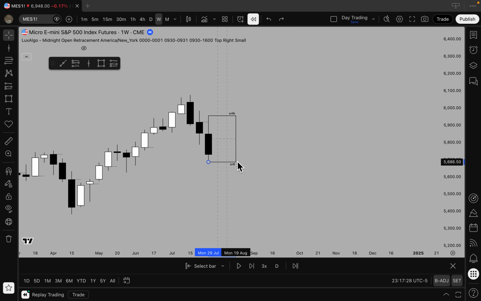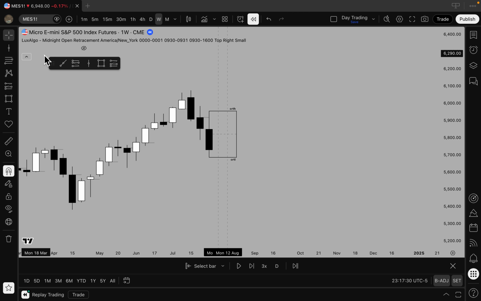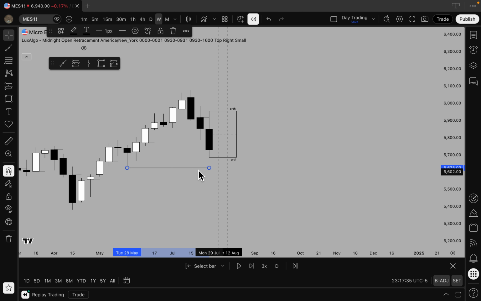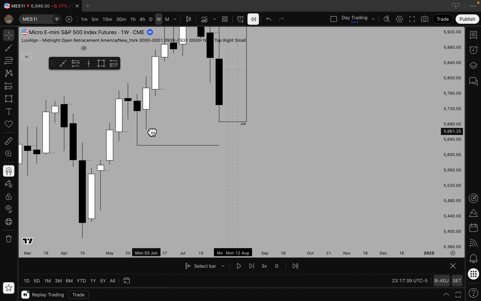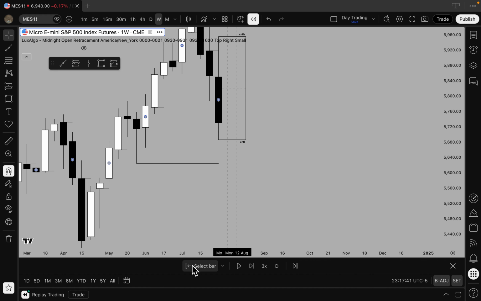This needs to get straight. Okay. Your key level: you want to look for lows that took highs. So this is a low right here, and this is a high. So I'm gonna go back.